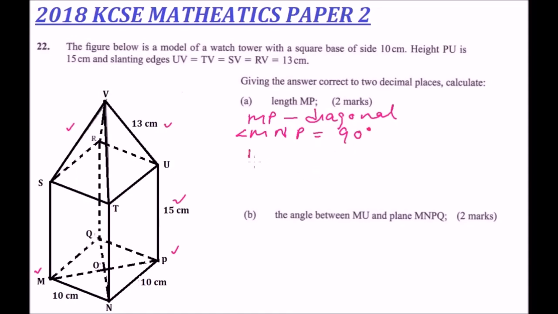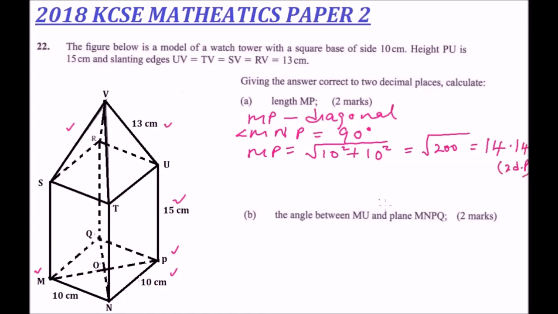So MP is equal to the square root of 10 squared, that is, MP is the hypotenuse, plus 10 squared. This is equal to the square root of 200. That is, 10 squared is 100 and 10 squared is 100. So the sum is 200, and this gives you 14.14, and that is correct to 2 decimal places. So that's how you work that out.